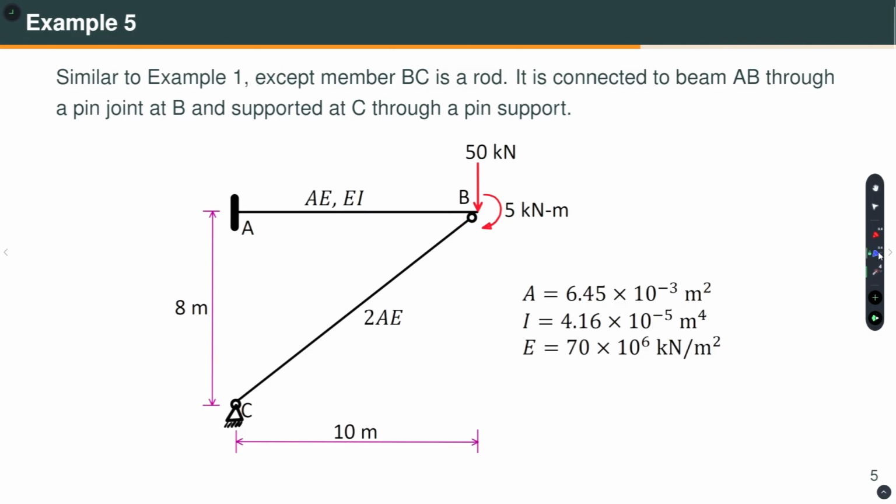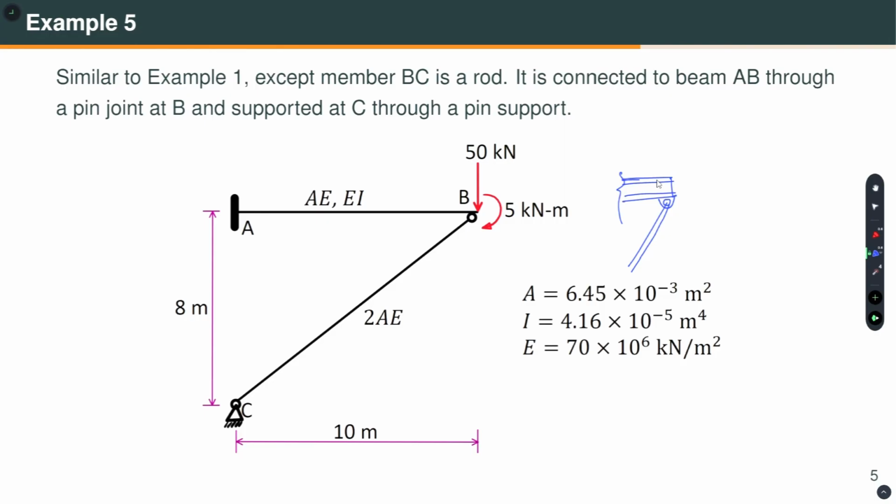So, if I draw it is something like this. You have this beam, let us say this is an I section, and then here there is a pin, and this is how a member is connected. The moment is applied on the beam, and this load is applied at the joint.